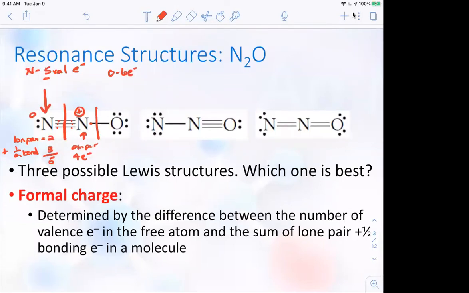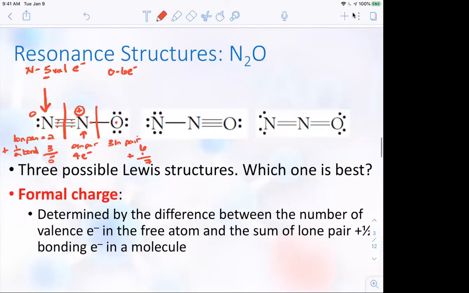That's what it says according to the group number on the periodic table. But here I have 3 lone pairs, which gives me 6 electrons, and then I have half the bonding, plus 1, that gives me 7. So this particular oxygen right here has 1 more electron than it's supposed to have, which gives me a negative charge on that particular oxygen.